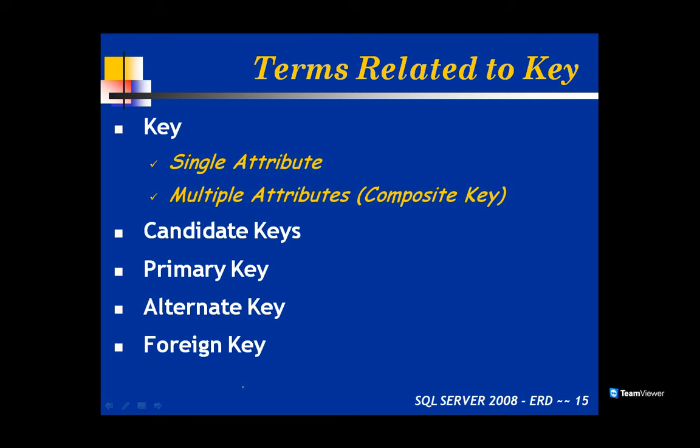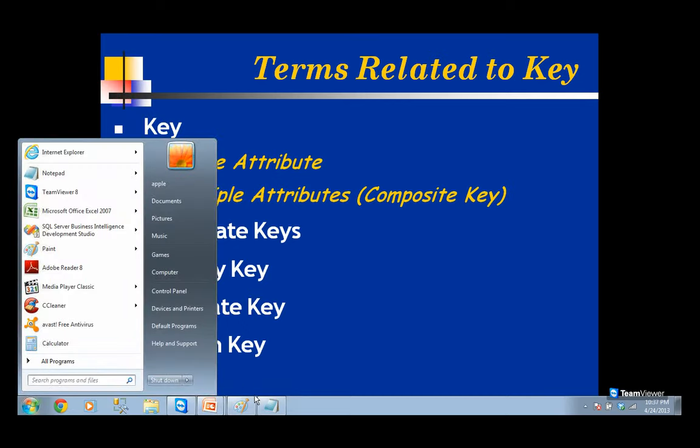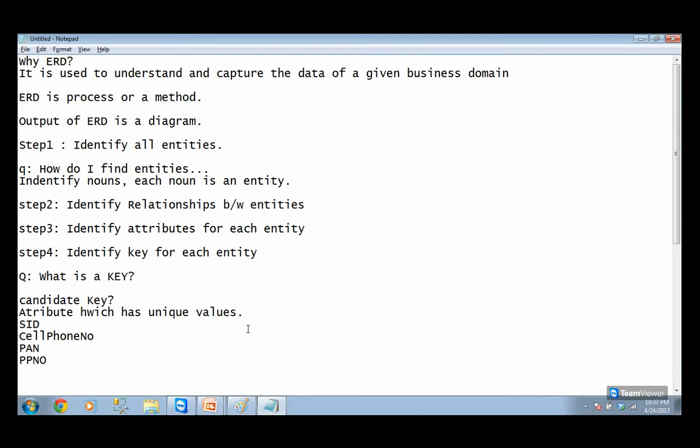Go through this topic, and if you have any clarifications you can just ask. So as of now we understand what ERD modeling is, and how we capture the data of a business using this modeling. This modeling will give you a diagram. Using the diagram, you can easily understand a company's data.